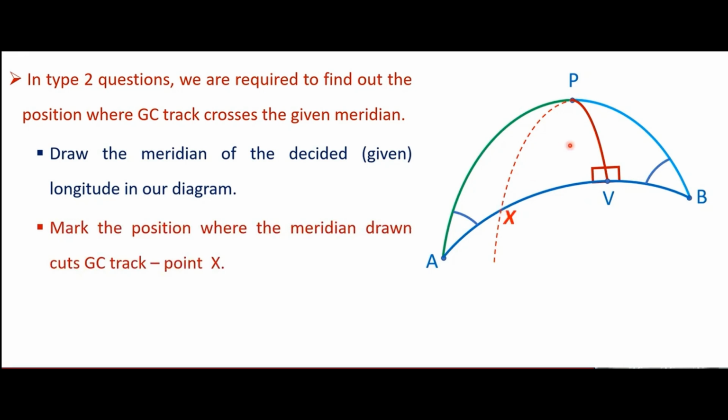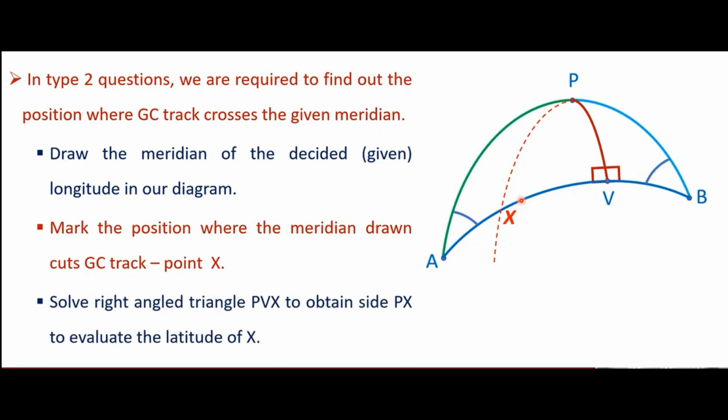Now, because the longitude of V and longitude of X is known, we can calculate this D long P here. PV is also known to us by virtue of knowing the latitude of the vertex. So we know the PV part of the right angle triangle. We know angle P of the triangle. We can solve it for PX, which will be colat of X, from wherein latitude of X can be obtained.